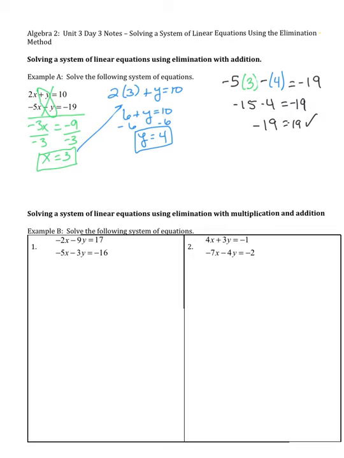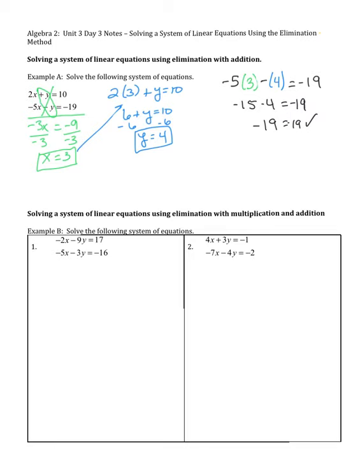All right, let's look at solving a system using multiplication and addition. You are not always going to have equations like the top where you've got everything lined up all pretty and perfect. It's just not going to work that way all the time. So you are going to have to do some switching around.